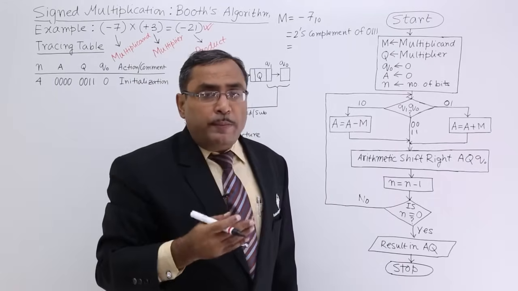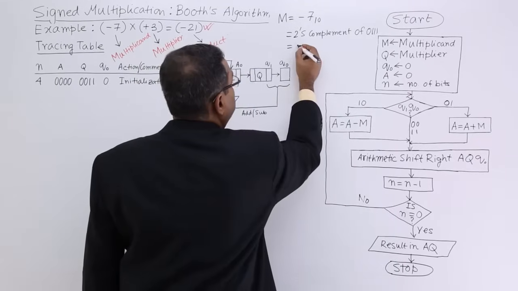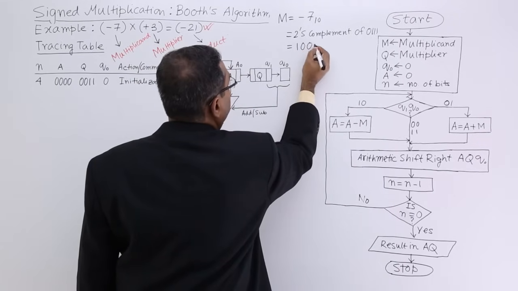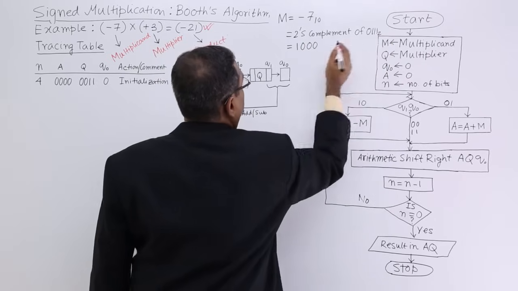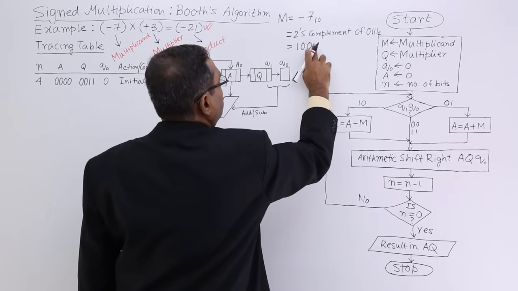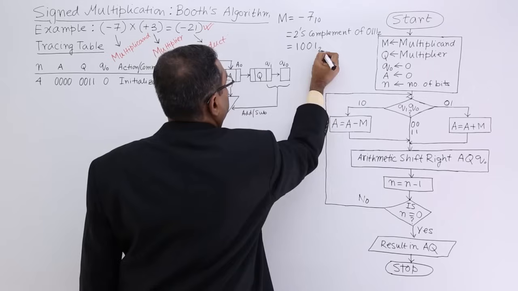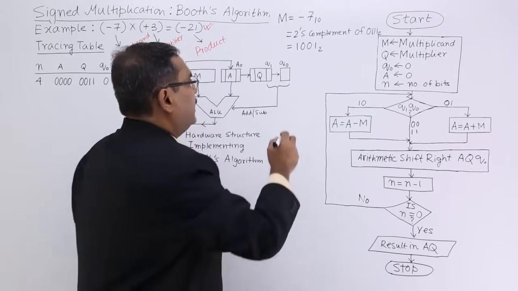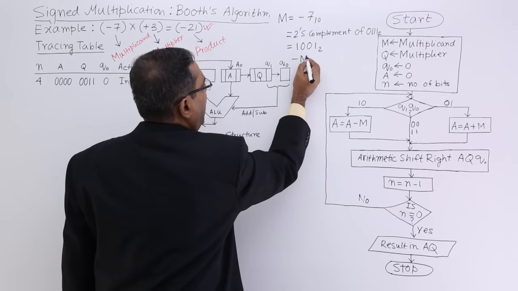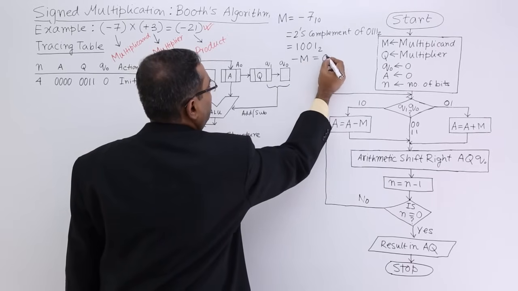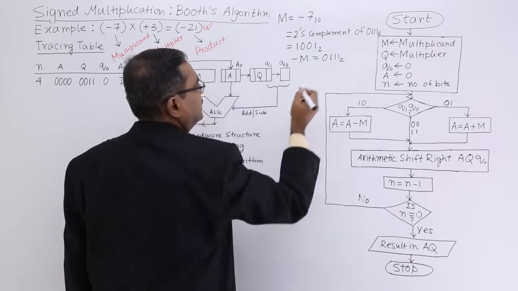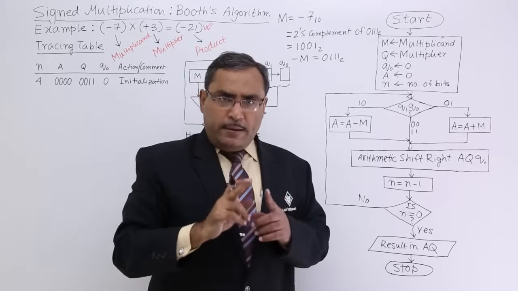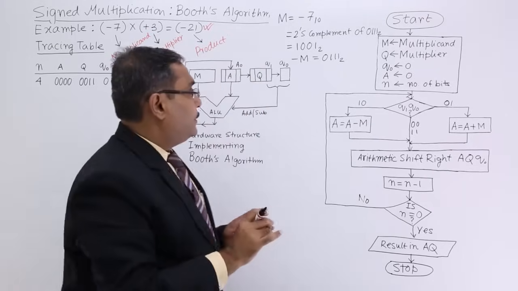What is the 2's complement of 1 1 1? That is 1 0 0 0 plus 1, that is 1 0 0 1. So, that is the 2's complement representation of -7. Let me also calculate -M, which is nothing but 7, which is this. So, M and -M I have calculated.